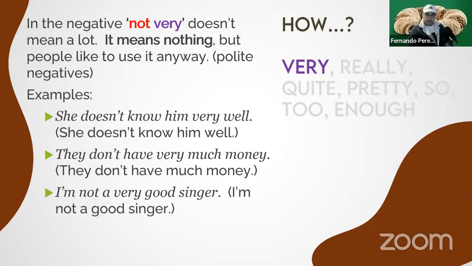Correct. So take a note of this important expression. In negatives, people like to use it because it's polite. It's like a polite not, a polite negative. In what cases do you need to be polite?